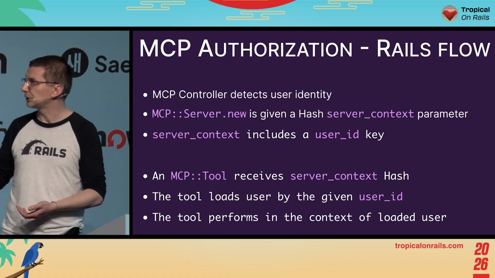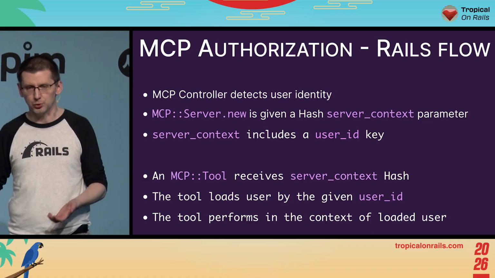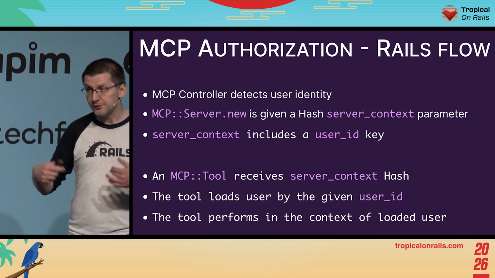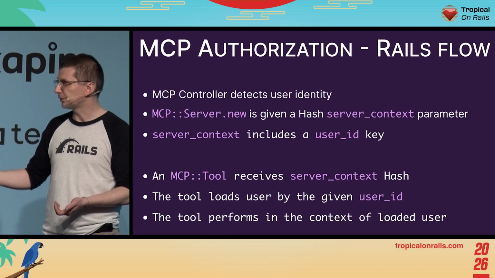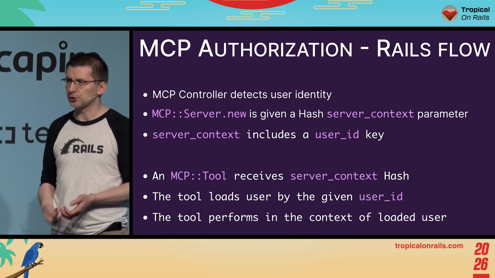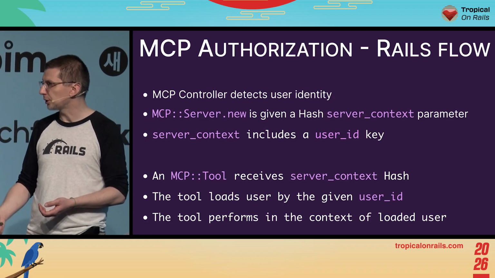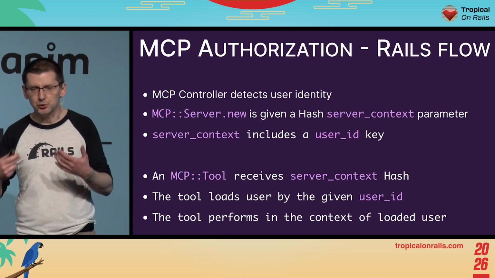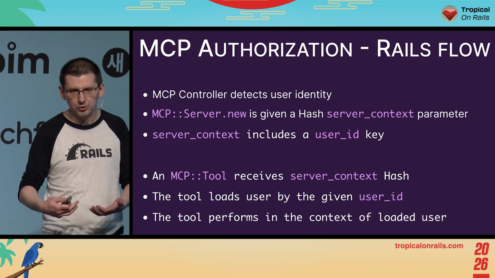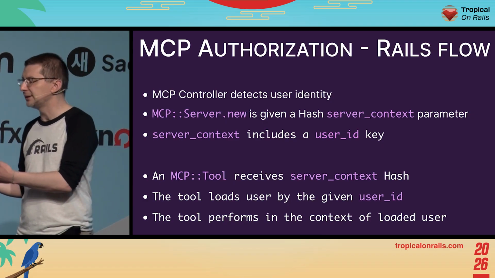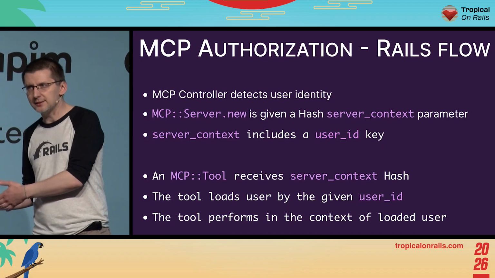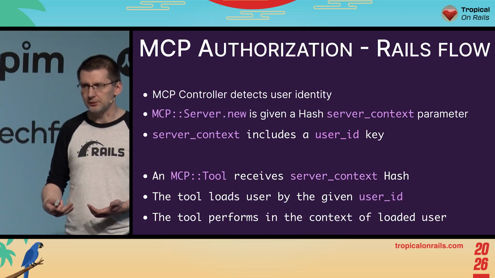It's a hash where we can just include user ID. And whenever we process MCP tool logic, we receive that server context hash. We can take the user ID, and we can instantiate the user, and we can apply policy, and we can do everything in the context of that user. The only problem is how to provide the user identity to MCP controller.